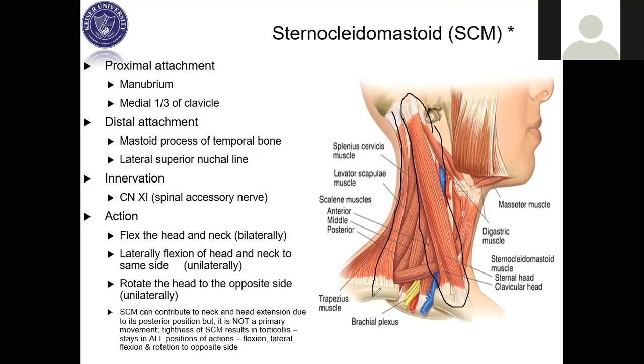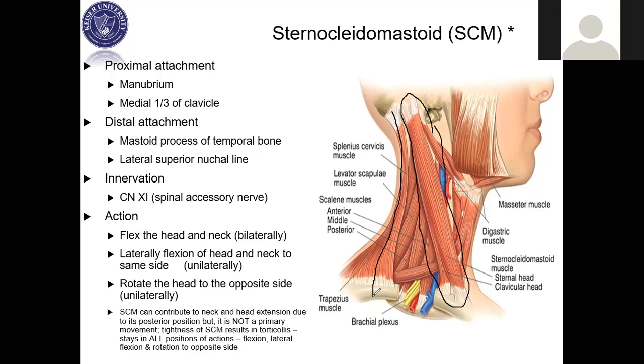The trapezius also is innervated by cranial nerve number 11, the accessory nerve. So knowing innervations is hard enough, but if you can kind of combine things, it'll be easier to remember. So again, sternocleidomastoid and the trapezius muscle are both innervated by cranial nerve number 11, the accessory nerve.